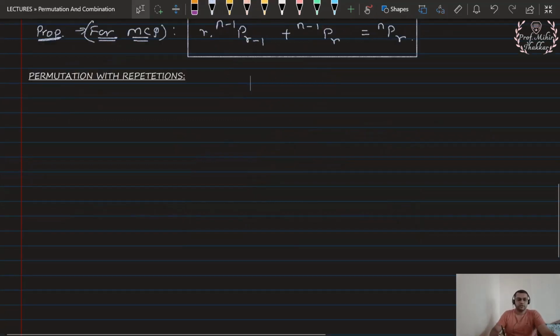Now the next thing is permutation with repetition. Let us understand how we get the solution and the formula for this. It's very simple.